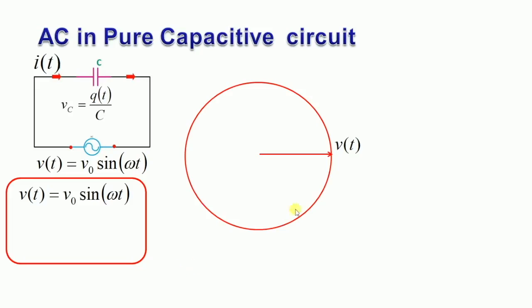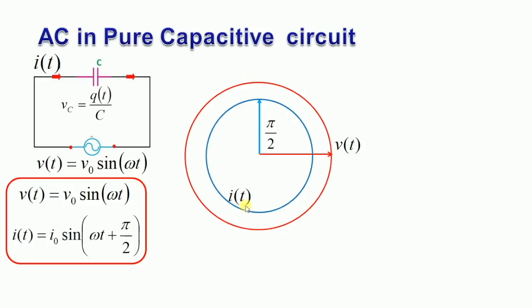Now, here we have this red circle indicating voltage amplitude, and this arrow makes 0 angle with the x-axis, and as theta changes, rather omega t changes, we describe this vector rolling over this circle in an anti-clockwise way.